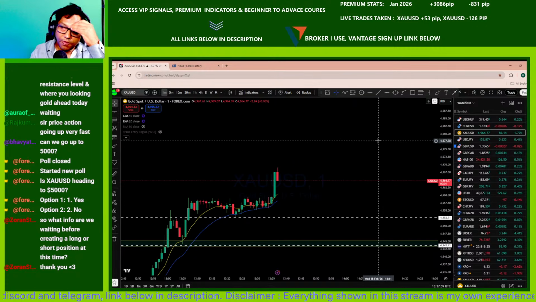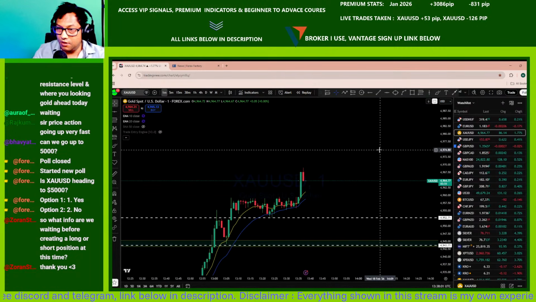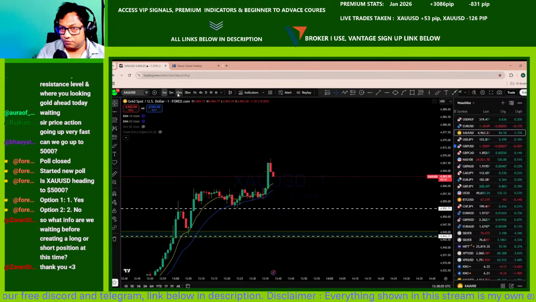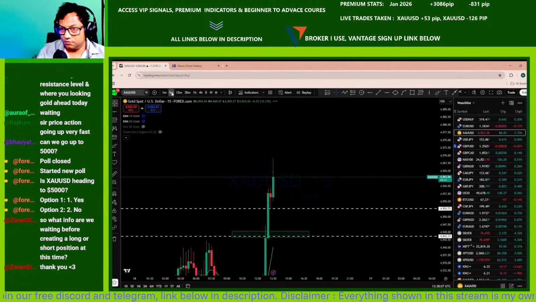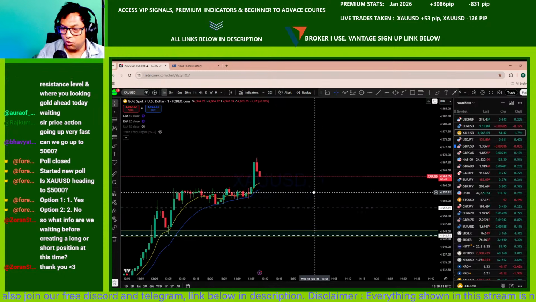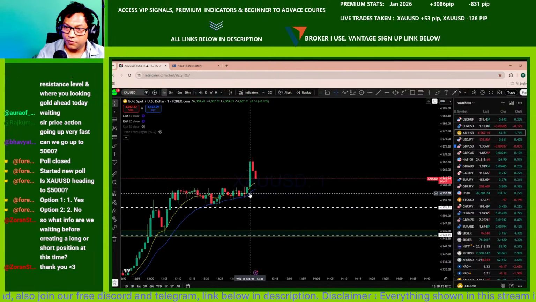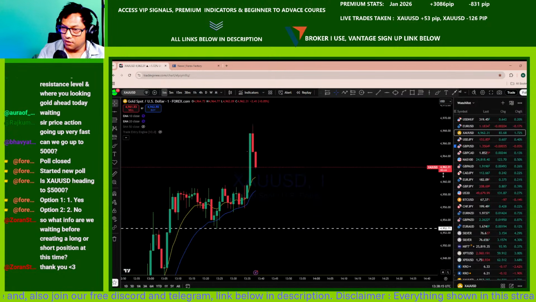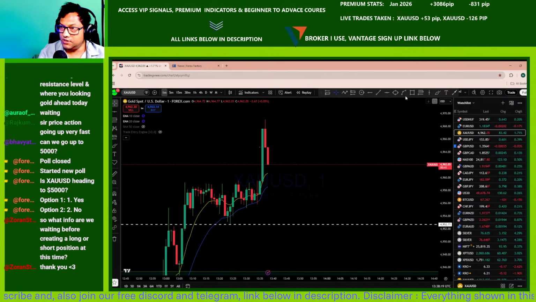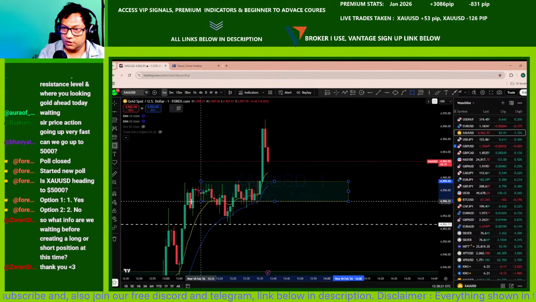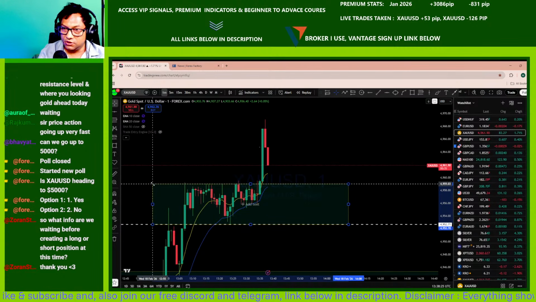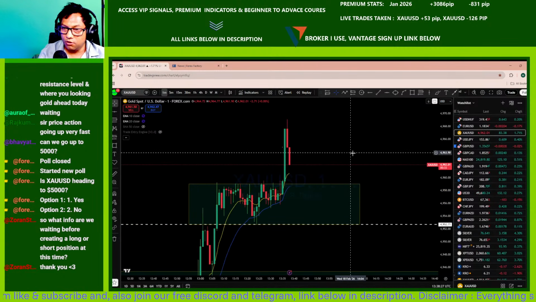And here is the move that you can see of this support level. And now from this, this is a structure which is the previous resistance turning support.